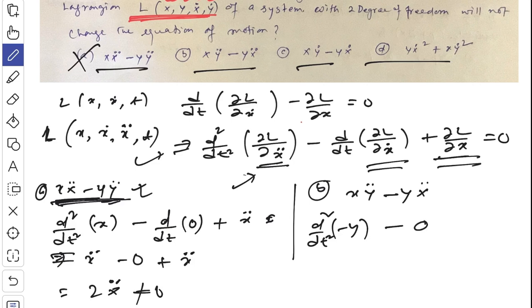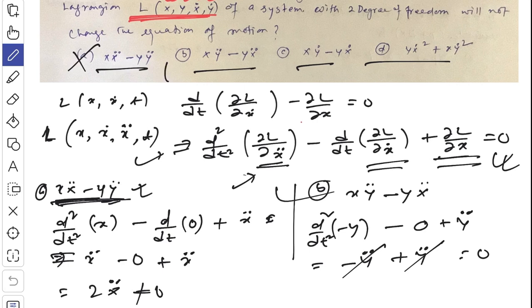Then if you find del L by del x, you will get y double dot here. So this is minus y double dot, 0 is 0, and then plus y double dot. If you cancel these two, you get 0. This is the right hand side, so it satisfies this equation. That's why option B is correct. So the correct option is B.